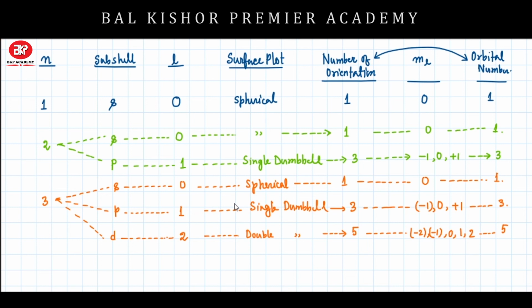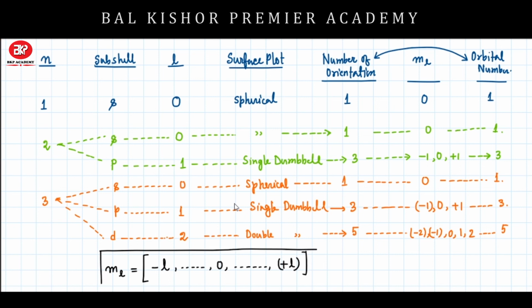So from this case we can see that ml, the magnetic quantum number, always has values from -L to 0 to +L. This is the range of the magnetic quantum number of the electron inside the atom at any subshell of the energy level.